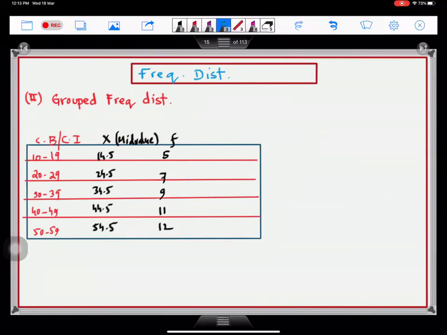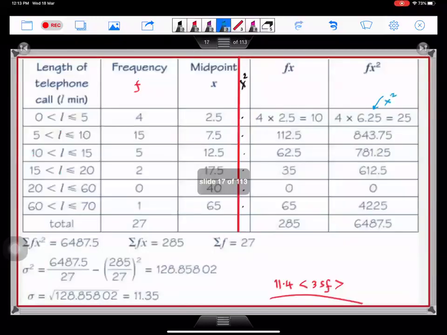And the rest of the story is the same as before. A detailed version is given over here. It does not make a difference whether the class widths are equal or not, because we are not drawing a histogram at this moment. We are simply using the mid value for calculation of mean and standard deviation.